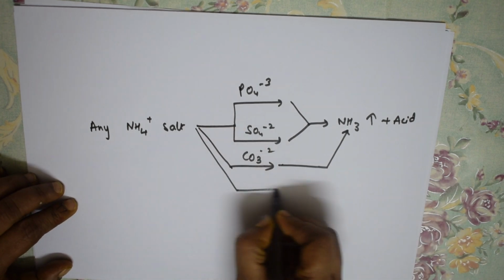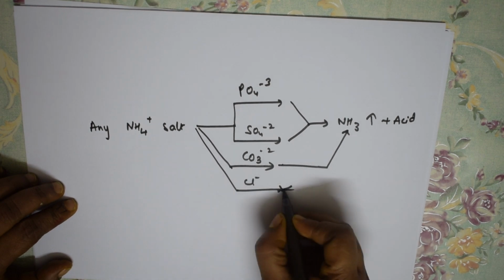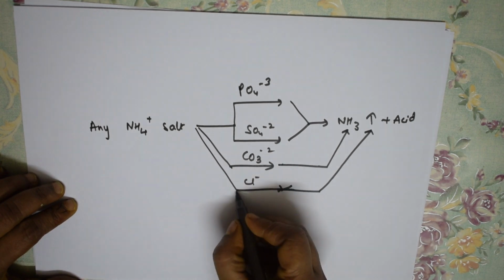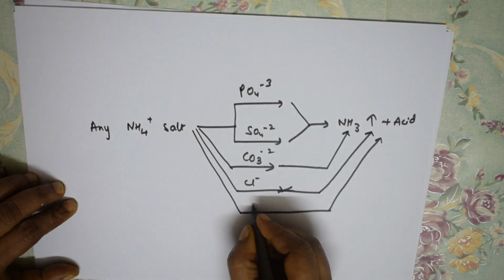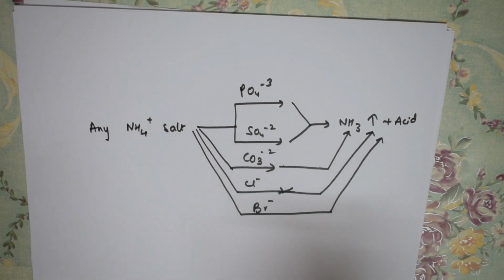Suppose I take halogens, like chlorine, it also combines to form the same product. If I take bromine, same story, it also combines to give the same product. Isn't it interesting, students? All halogens, fluorine, chlorine, bromine, iodine.